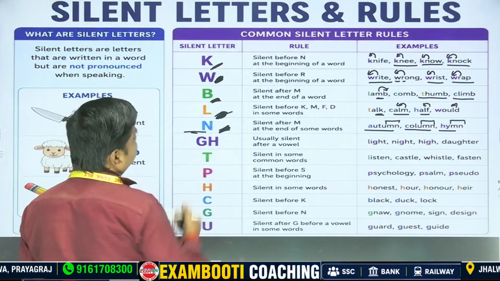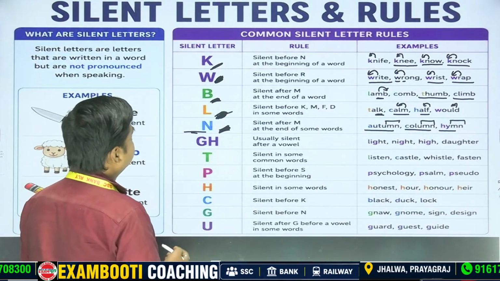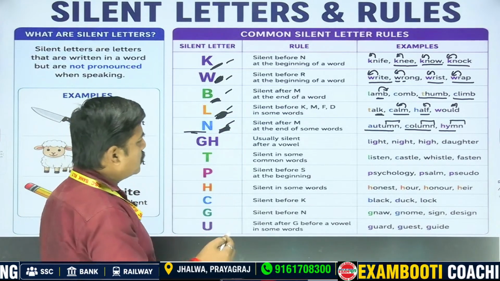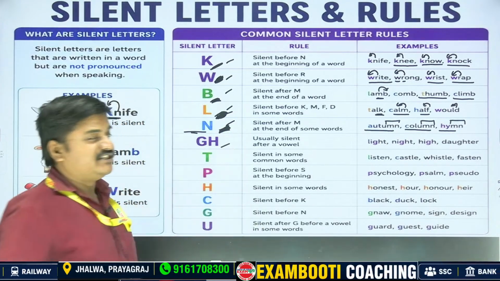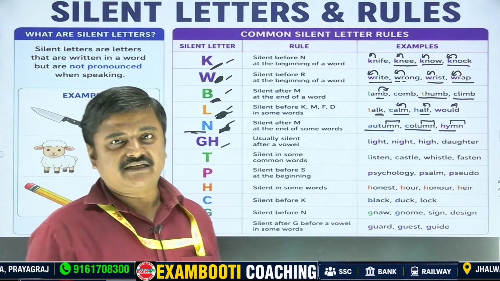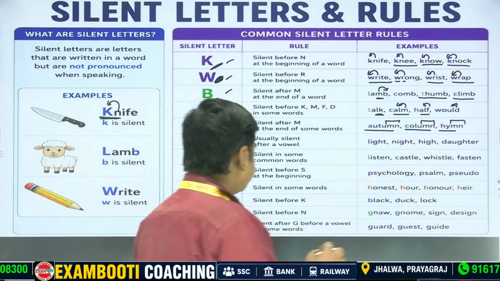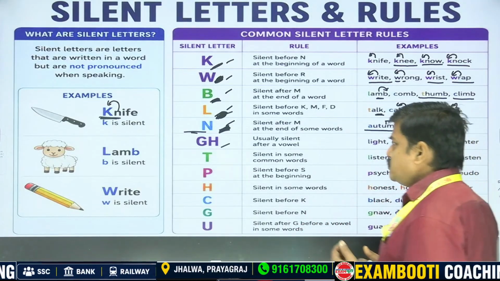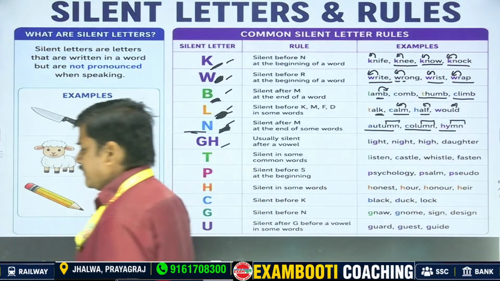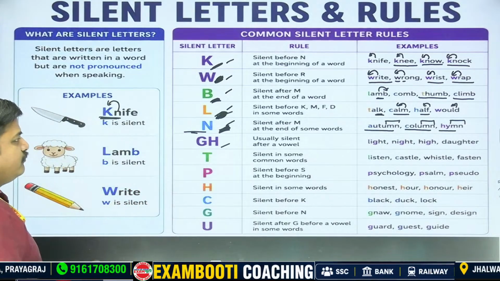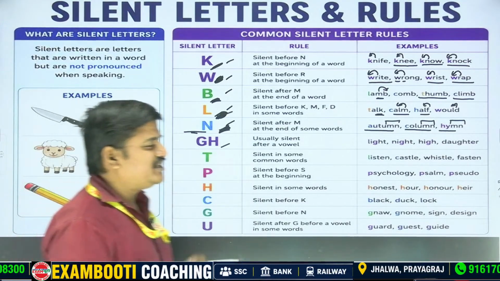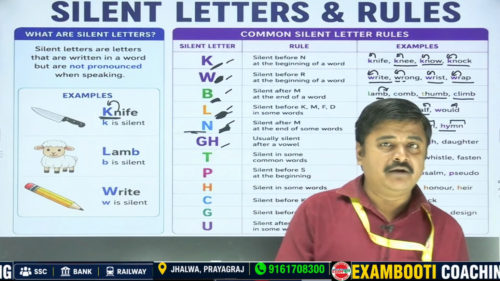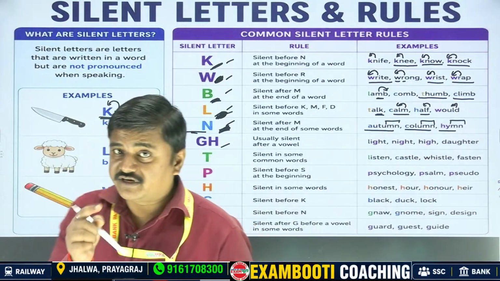Let us come to the next rule. So these are 1, 2, 3, 4, 5. Fifth rule. Now sixth rule. GH. This is interesting. This is not all the time. This is usually silent. But you have to know one thing, that whenever GH comes, it should come after a vowel sound.